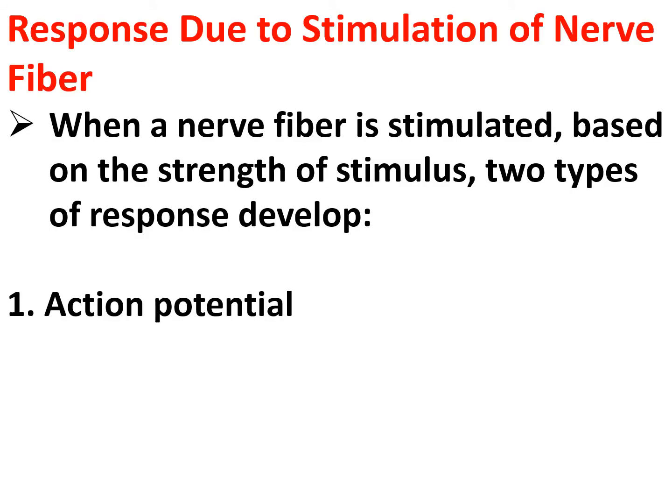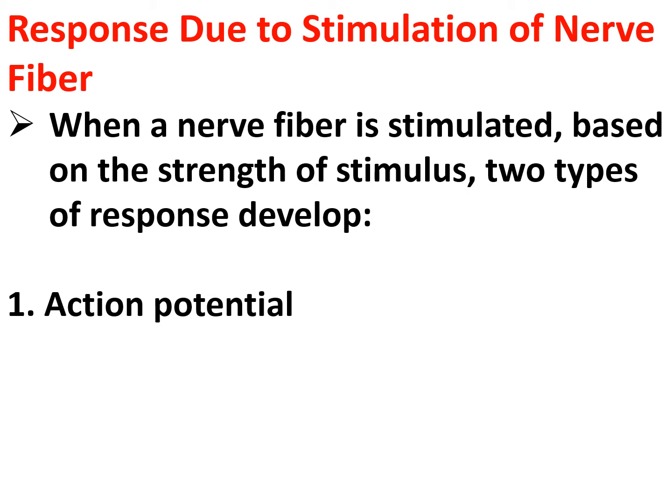Then, the response due to stimulation of the nerve fiber. When the nerve fiber is stimulated, based on the strength of the stimulus, two types of response are developed. First is the action potential or nerve impulse. Action potential develops in a nerve fiber when it is stimulated by a stimulus with adequate strength. If we apply a stimulus with inadequate strength, then the nerve fiber or muscle fiber is not stimulated and there is no development of action potential.